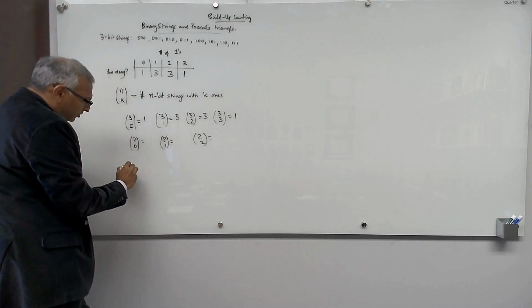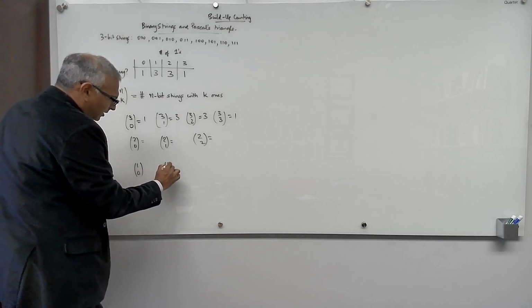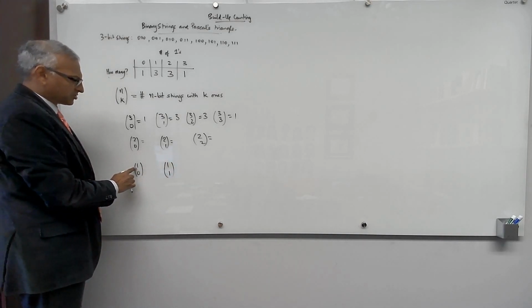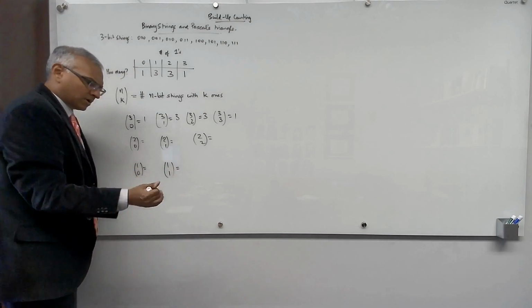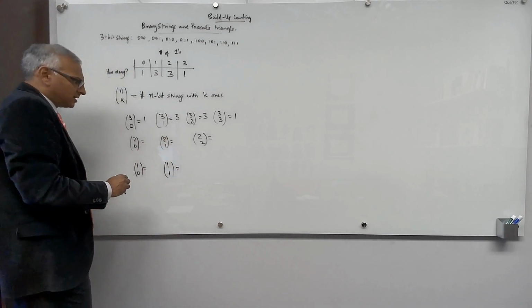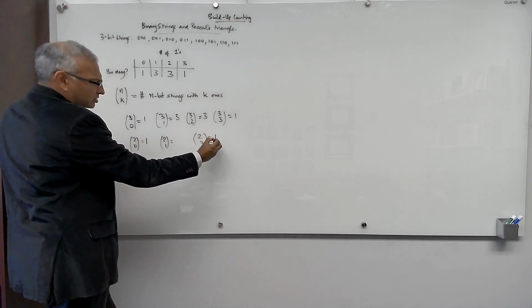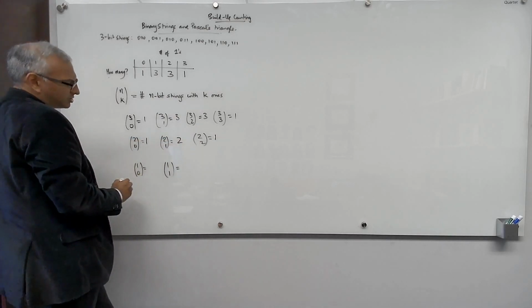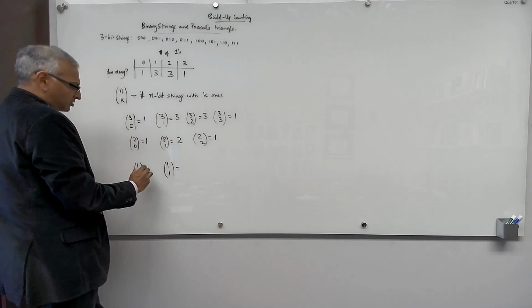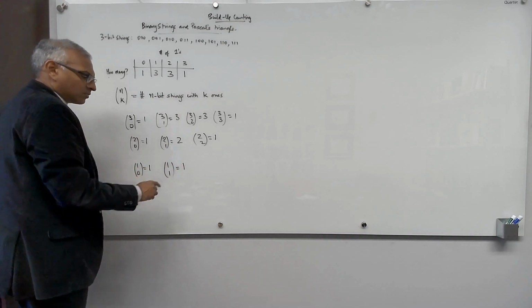And then also compute (1 0) and (1 1), the 1-bit strings. Okay, so the number of 2-bit strings with 0 ones, again, is just 1, and it's just 1 here. And there are 2 2-bit strings with 1 one. For 1-bit strings, there's 1 with 0 ones and 1 with 1 one.